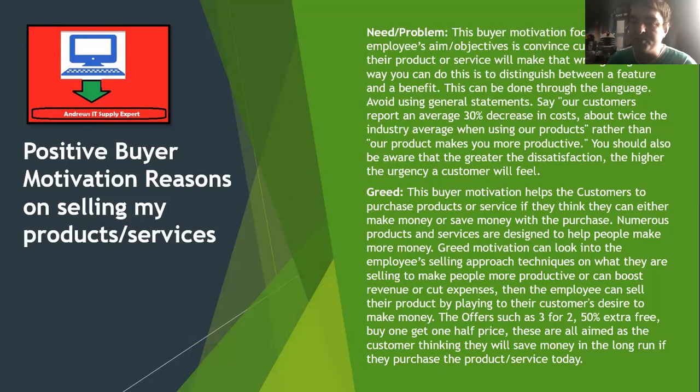Avoid using general statements. Let's say, our customers have on average a 20% decrease in cost, twice the industry average, when using my products and services, rather than saying our product makes you more productive. You should also be aware that the greater the dissatisfaction, the higher the urgency the customer will feel.